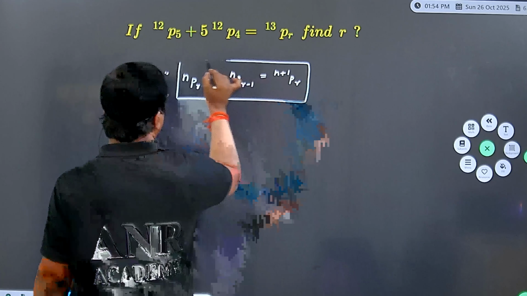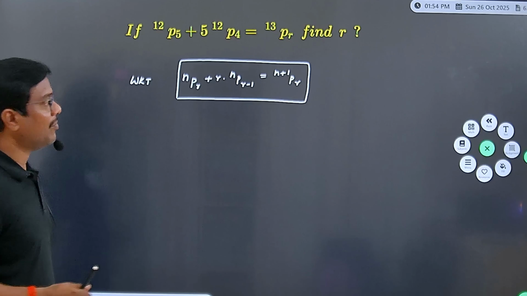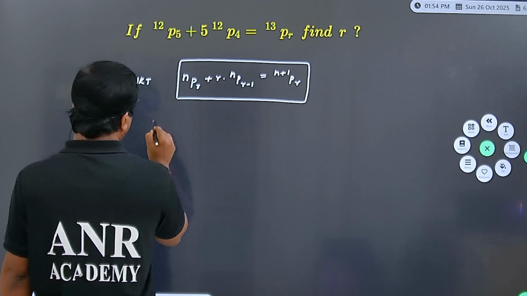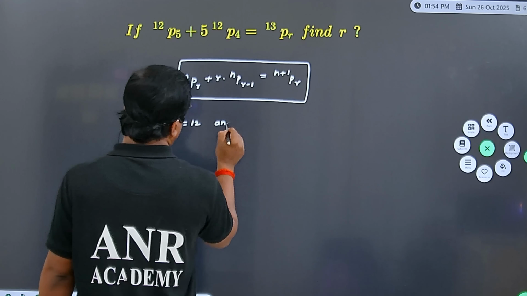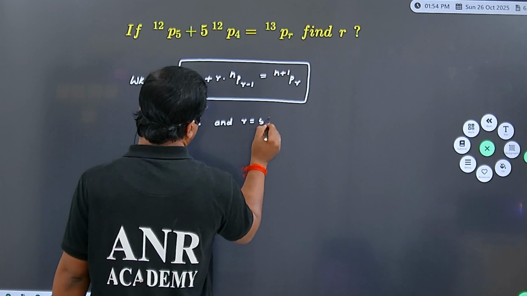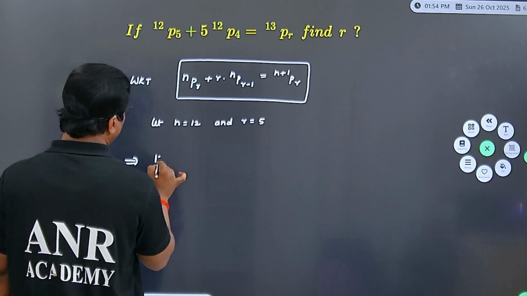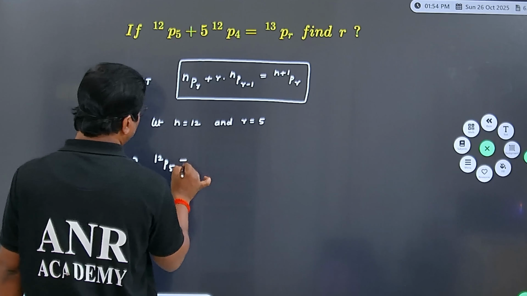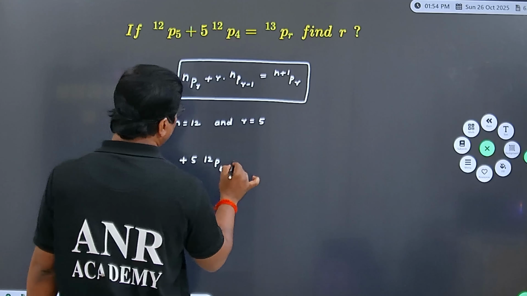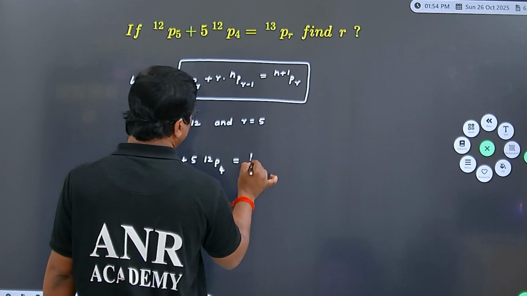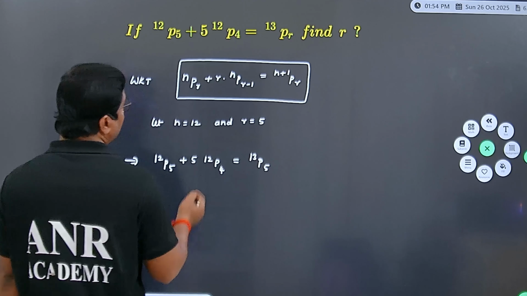Using this you can find the value of r. Let the value of n equal to 12 and the value of small r equal to 5, implies we get 12P5 plus 5 into 12P4, that is equal to 13P5 it is.